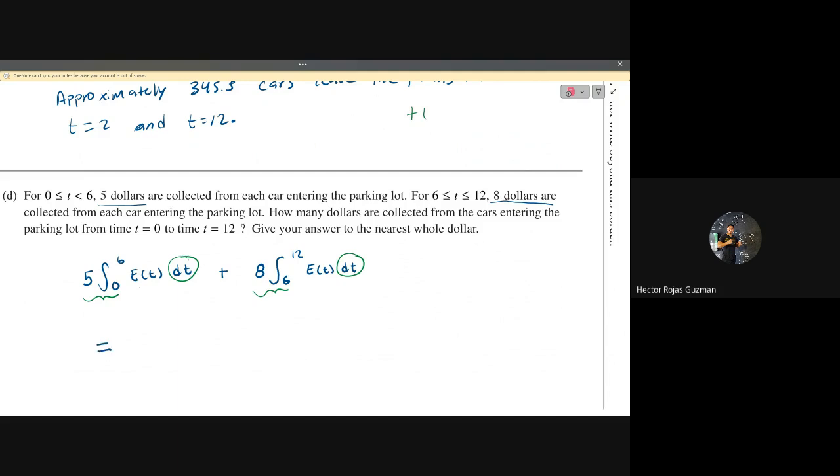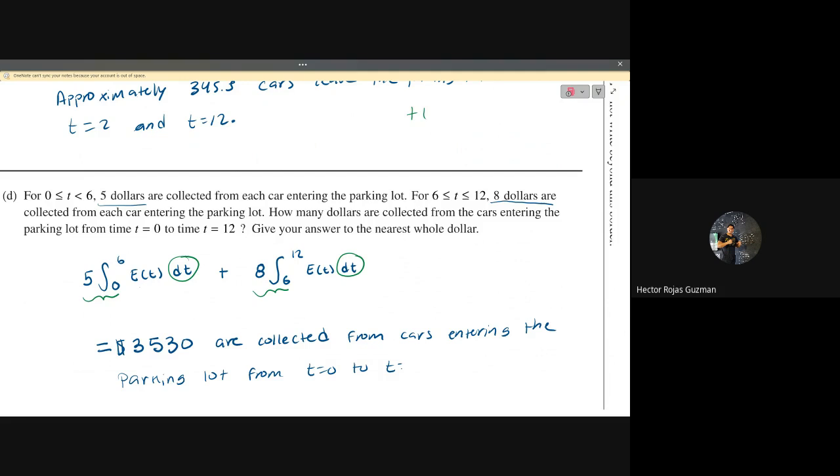Okay. Take your calculator, plug it in, and you get 3,530. $3,530 are collected from cars entering the parking lot from t is equal to 0 to t is equal to 12.